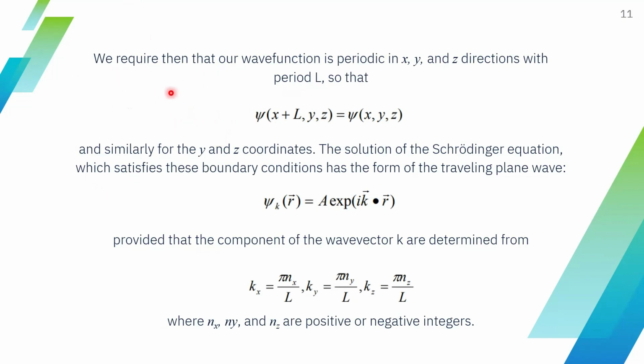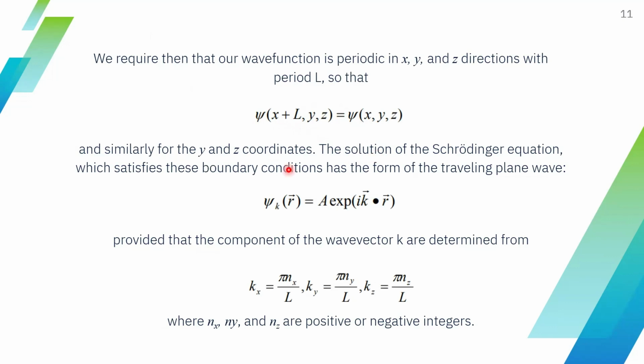So here we require that our wave function is periodic in the x, y, and z directions with period L, so that psi of (x plus L, y, z) is equal to psi of (x, y, z). This is the condition for the x coordinate. Similar equations hold for the y and z coordinates too.